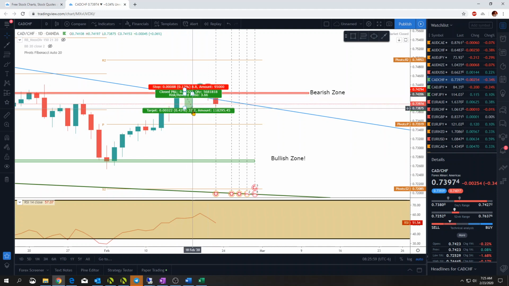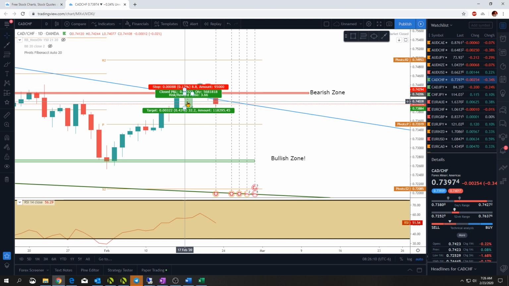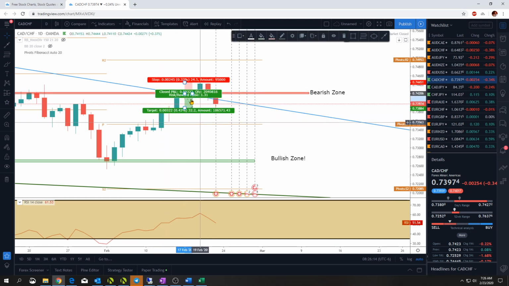So here's a profitable trade we took last week. We did go through a little bit of drawdown. I just want to show you guys, just because I put my stop loss on here doesn't mean I actually set my stop loss there.